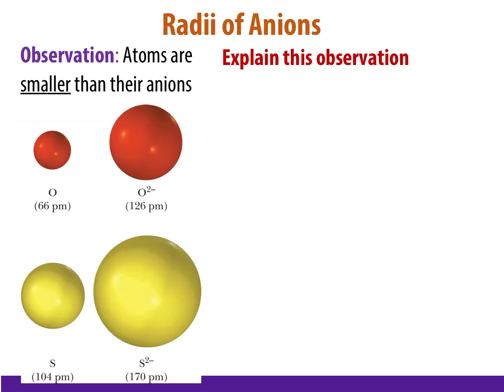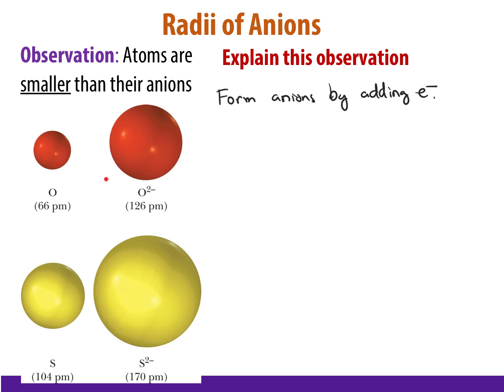Okay, atoms are smaller than their anions. Explain that observation. So to explain this, again, we're going to form an anion by adding an electron, or 2 electrons in this case, for oxygen to O2- and S to S2-. That's what we're doing. We're adding electrons. Well, anytime we add electrons, that's going to make the atom bigger.